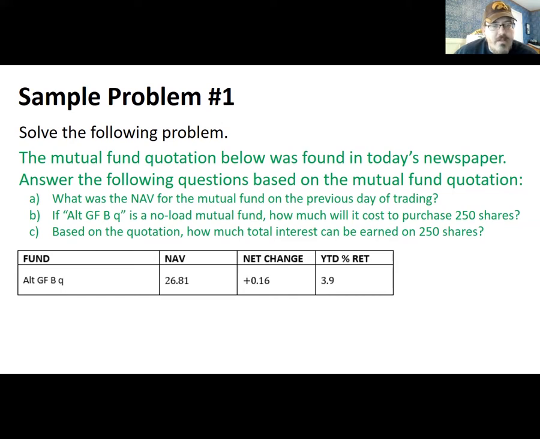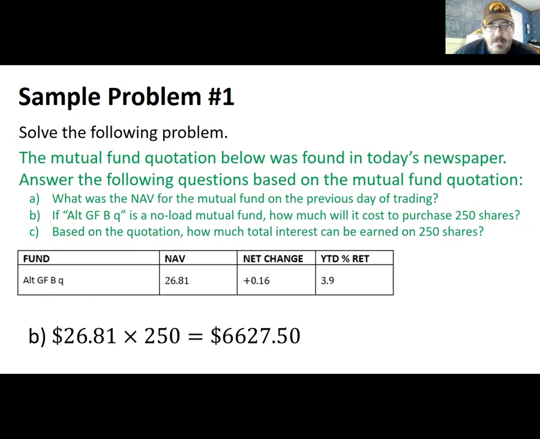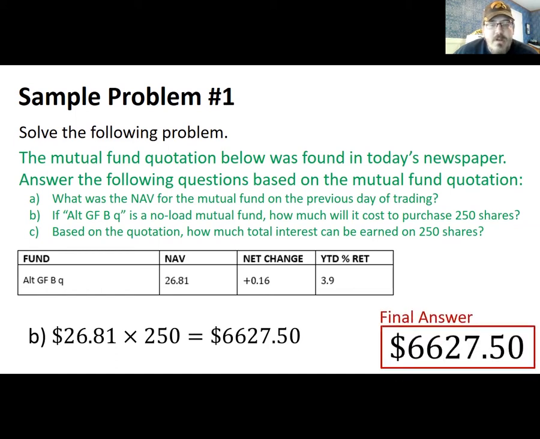So we can just calculate the cost pretty straightforward. Essentially, you take the closing NAV for that particular fund at the end of the day and multiply by the number of shares that you want to purchase. In this case, for 250 shares, it's going to cost us $6,627.50. So there you go.